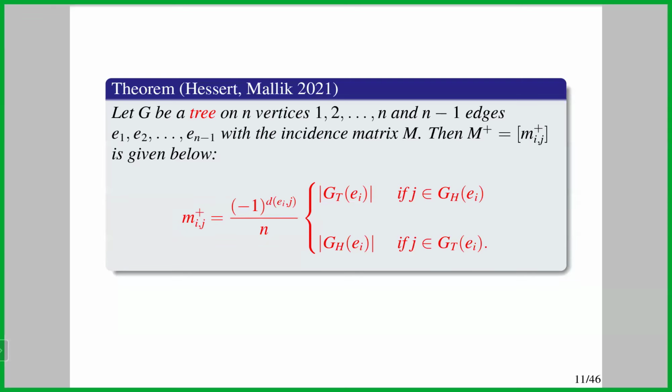If j is in the head component, then the ij-th entry is the number of vertices in the tail component. Similarly, if j is in the tail component, then the ij-th entry is the number of vertices in the head component. And the sign is given by -1 to the power of the distance between edge e_i and vertex j.